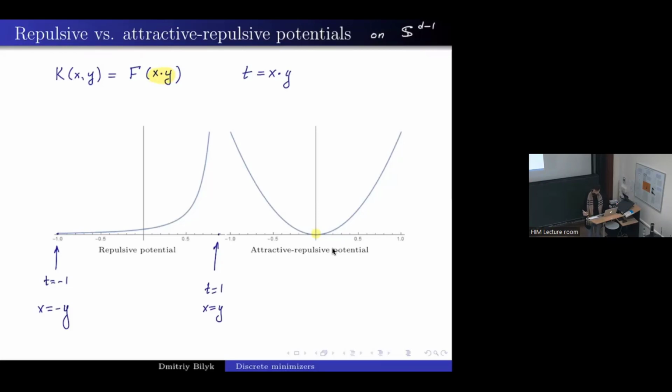So they are even functions, and they have a minimum at 0, which means that if you put just 2 atoms on the sphere, then they're in equilibrium when they're orthogonal to each other. So here, if you expect discrete minimizers, you may expect that some sort of orthogonal-like structures may arise. Okay. And indeed, this does happen sometimes.